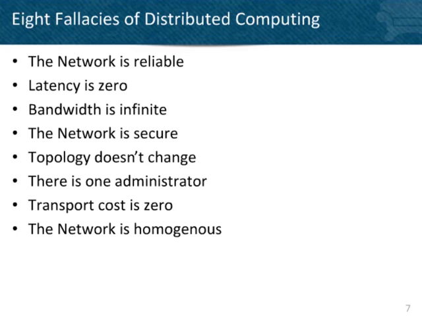At least that's been my personal experience. Take the example here of your topology doesn't change. Obviously your topology is going to change, especially if you're relying on scaling across, horizontal scaling.